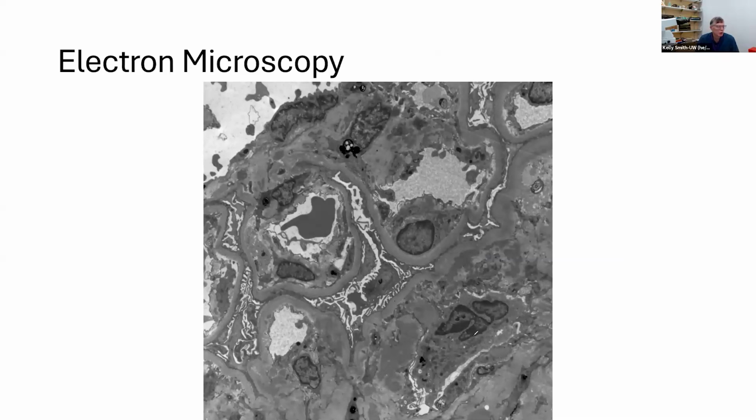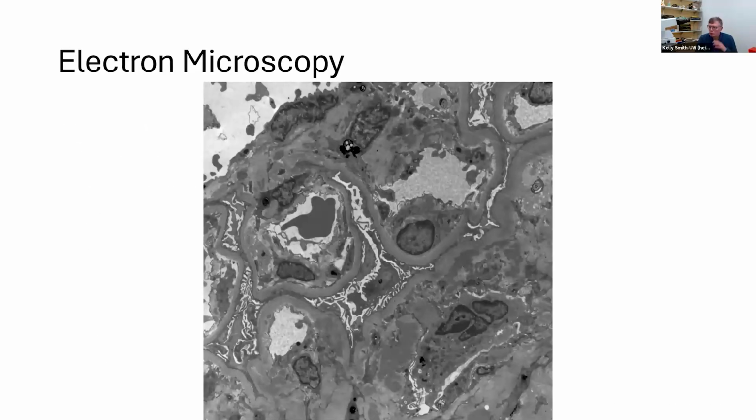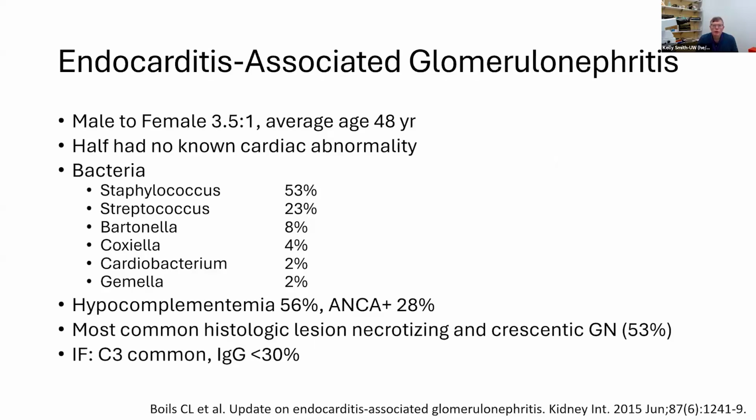The electron microscopy showed a lot of immune deposits in mesangial regions, as well as some membranoproliferative-type remodeling of the peripheral capillary walls that was at least focally present. So this is a characteristic picture of a cutaneous or staphylococcal infection-associated glomerulonephritis that's dominated with IgA.